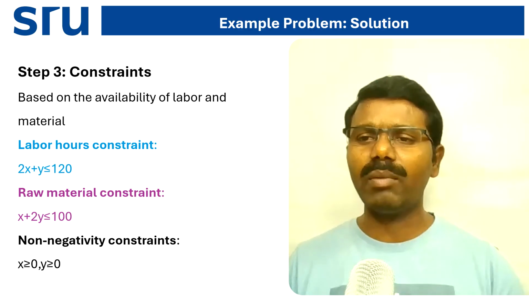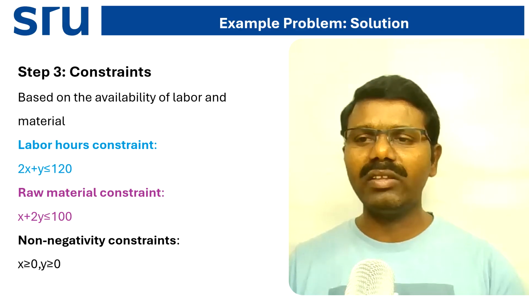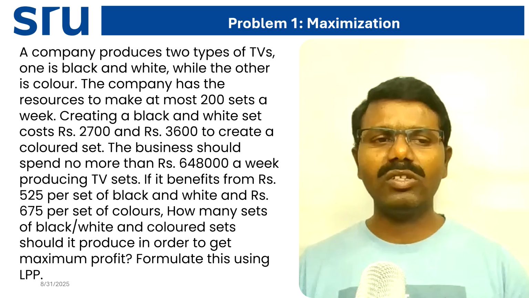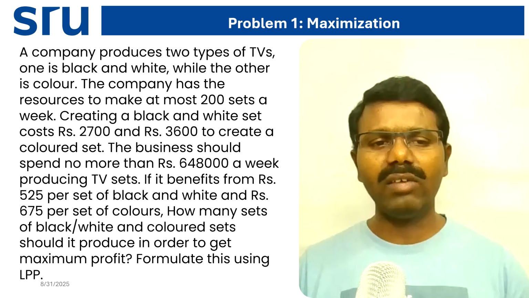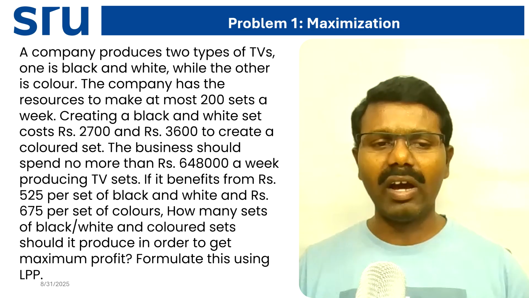Let us see one more problem, then we will clearly understand how to make the LPP. So this is the problem. A company produces two types of TVs. One is a black and white TV, while the other is a color TV. The company has the resources to make at most 200 sets a week. Creating a black and white set costs 2,700 rupees and 3,600 rupees to create a colored set.